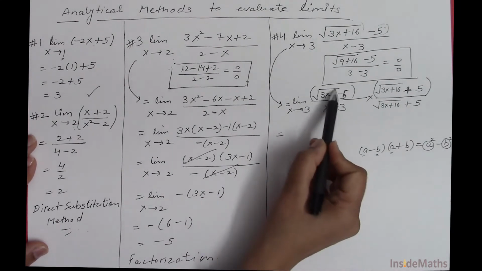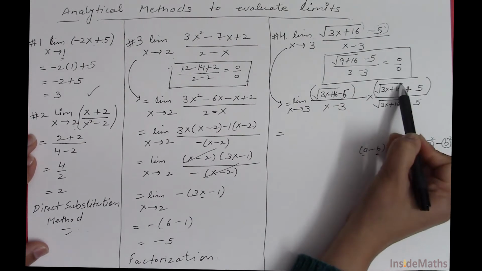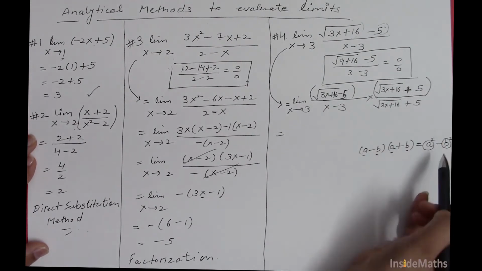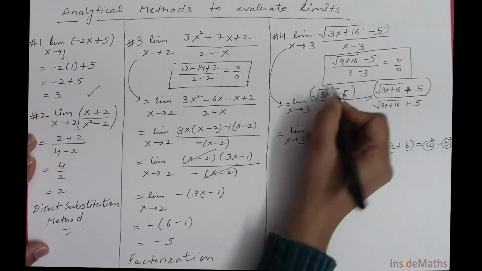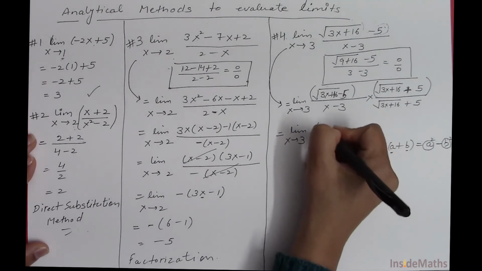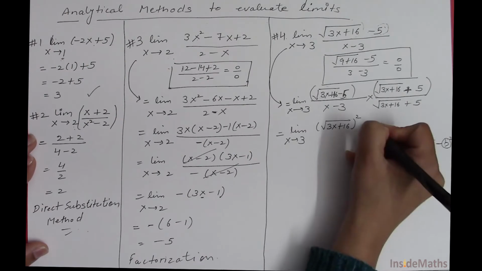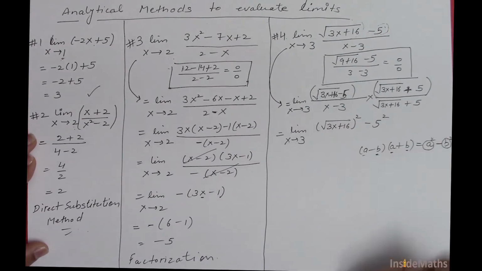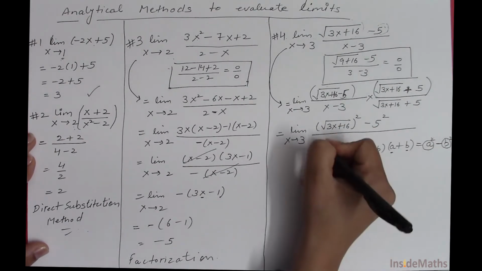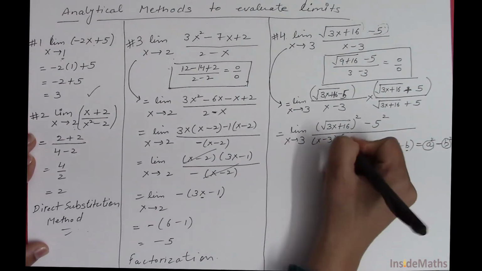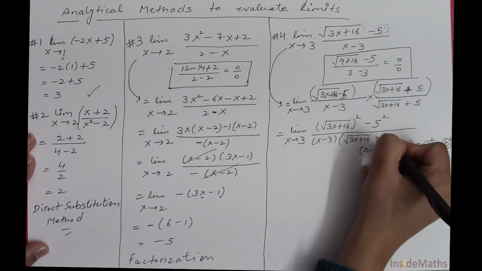So I can write, limit x approaches 3, square of the first term, that means root of 3x plus 16 whole square, minus square of the second term according to this formula, and the denominator is the same, (x minus 3)(root of 3x plus 16 plus 5).